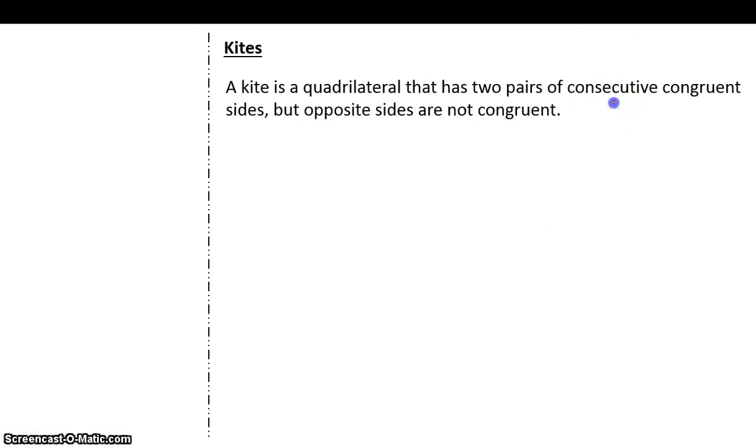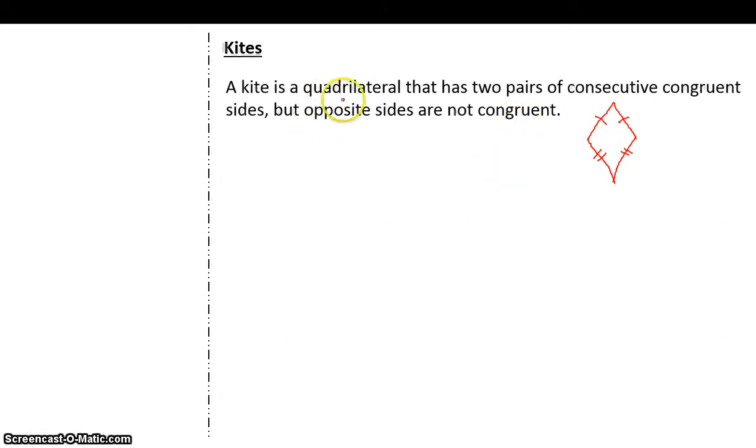So basically, I have one pair of consecutive sides that are congruent to each other, and then I have another pair of consecutive sides that are congruent to each other, but opposite sides can't be congruent. That's why these are different lengths than these two. Because if I look across from them, they cannot be congruent; if opposite sides are congruent, it is not a kite, it is a parallelogram.